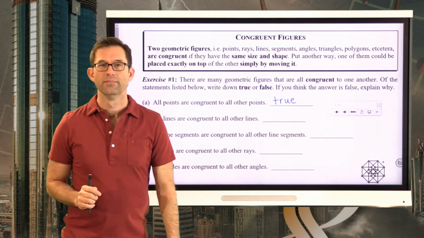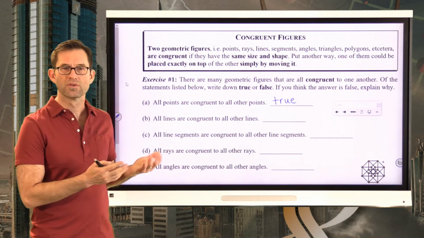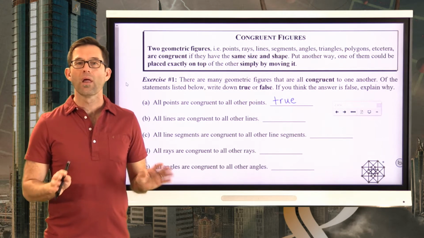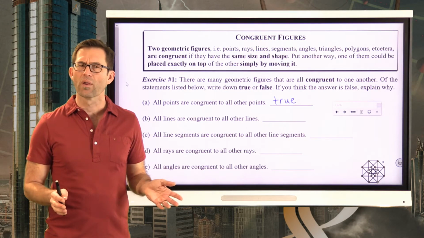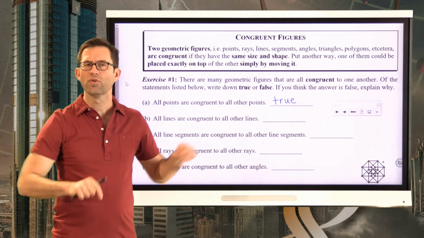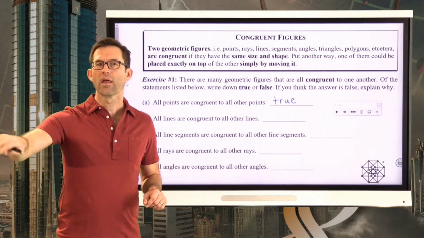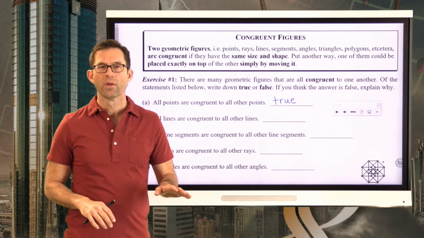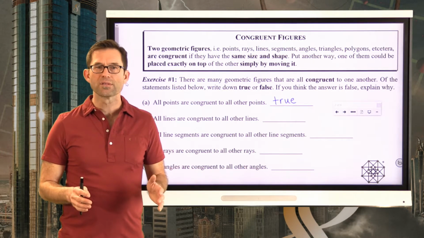Now, let's also talk about letter B. All lines are congruent to all other lines. So imagine you had a line drawn on a piece of paper, with the two arrows at the end, and you had another line somewhere else. Would those two lines be congruent?